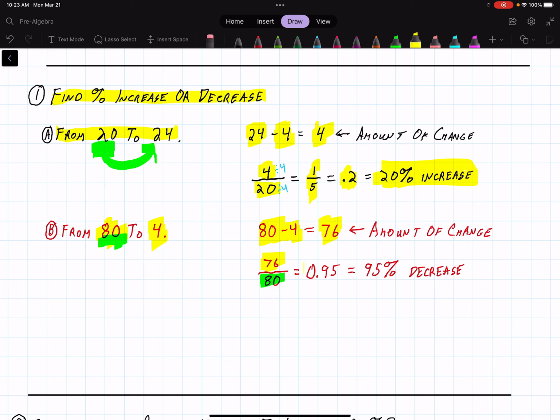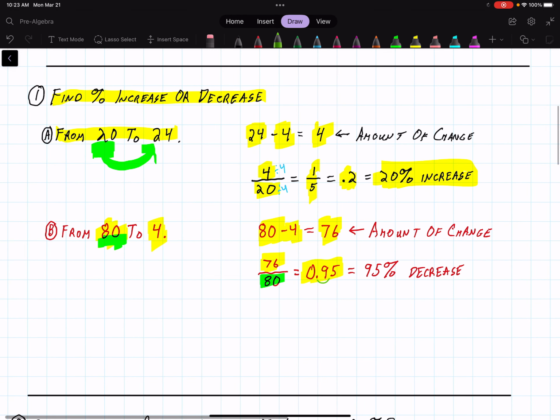Our calculator says that's 0.95. I move the decimal place over 2, 1, 2, and that gives me my 95%. And because this was bigger and got smaller, that is a decrease. So our final answer on this one is a 95% decrease.